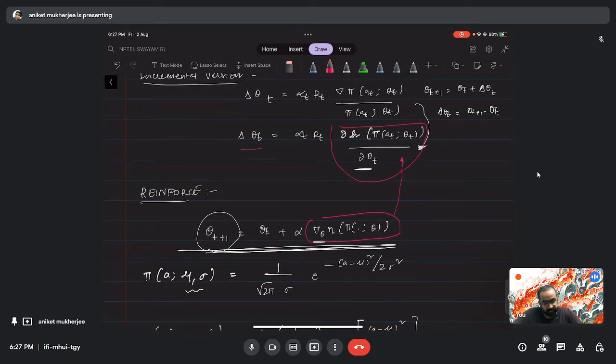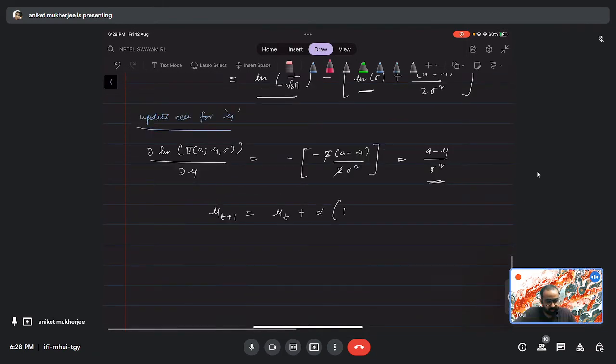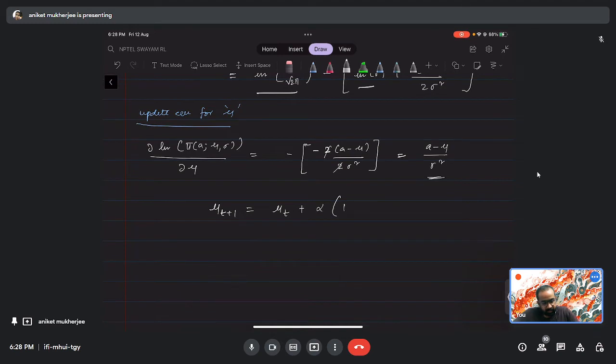So this is basically theta t plus 1 minus theta t is equal to this whole term, with alpha taken as constant for all time, into this. So I'll get r t into a minus mu by sigma square, and that is the answer.